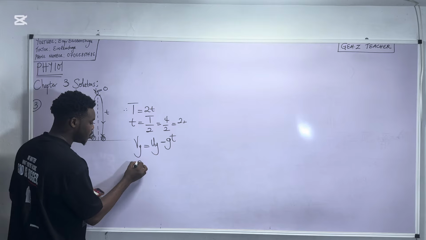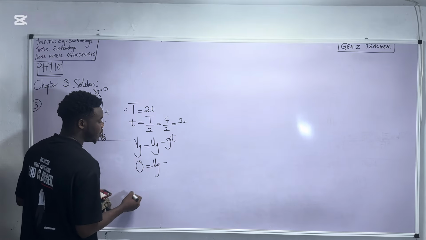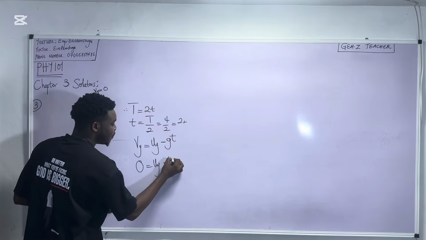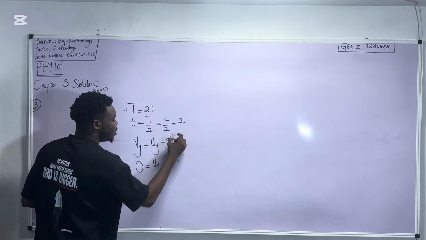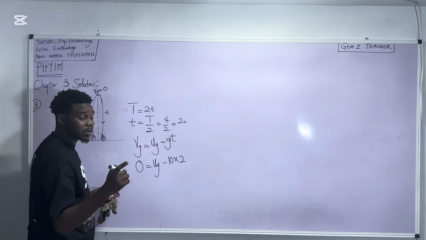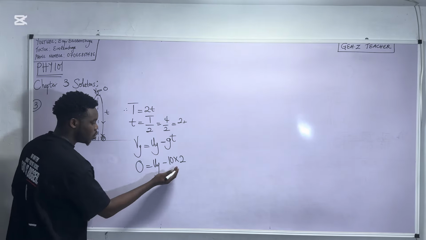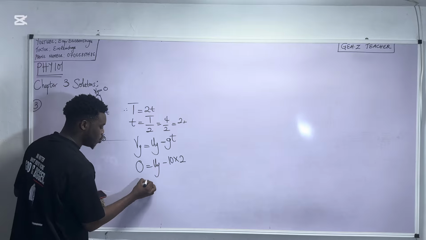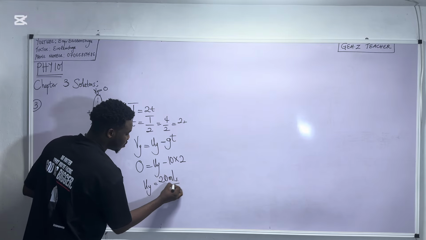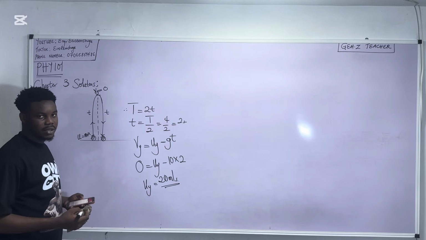I'm going to put 0 here, and then we are looking for Uy minus, we're given g as 10 in the question. So we have 10 times, what is t? 2. Remember, t is not 4, but 2 because we are considering maximum height. So it's half the time. So collect like terms, we're going to have Uy equal to 20 meters per second. So the ball was thrown with 20 meters per second.